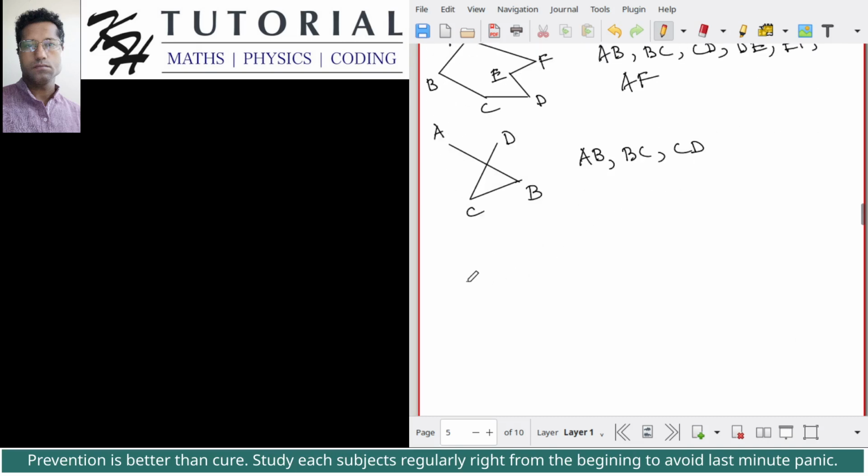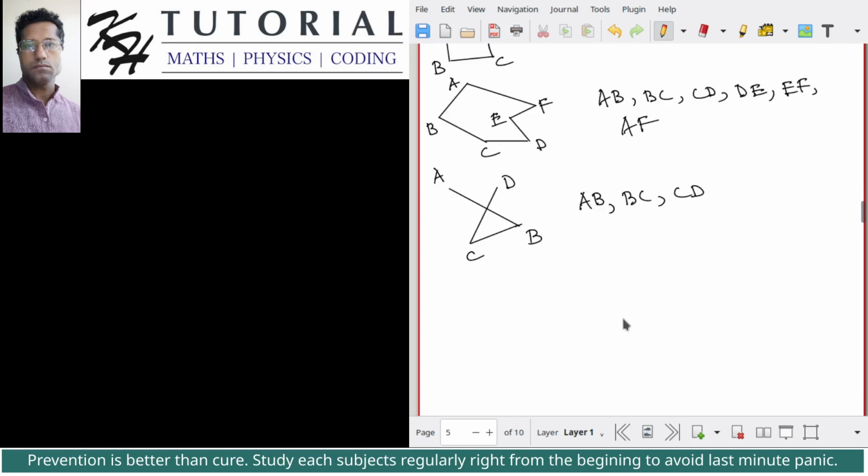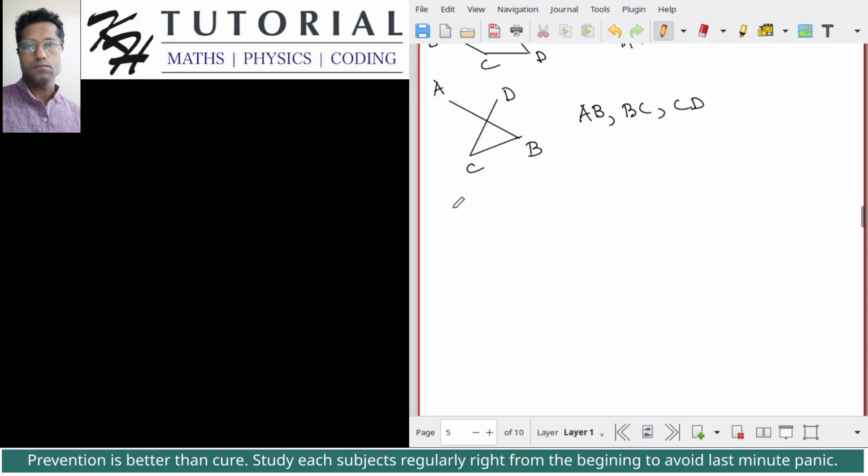Okay, let's draw 2 more rectilinear figures. So this is one line segment, this is another line segment, and let's say this is the final line segment.